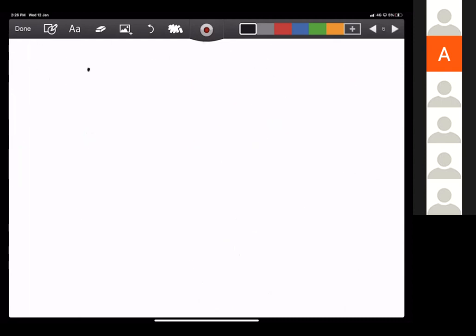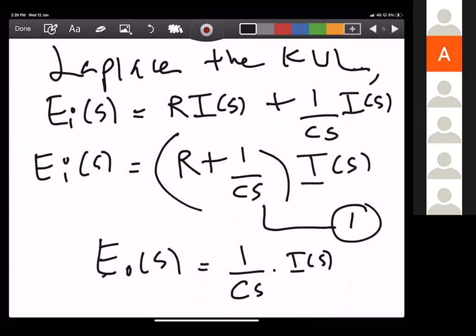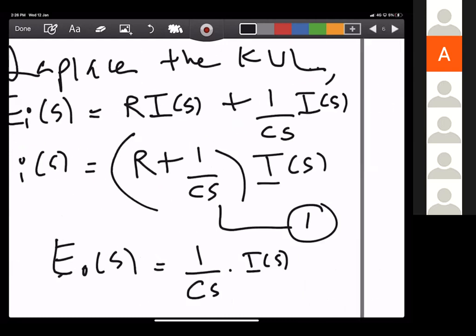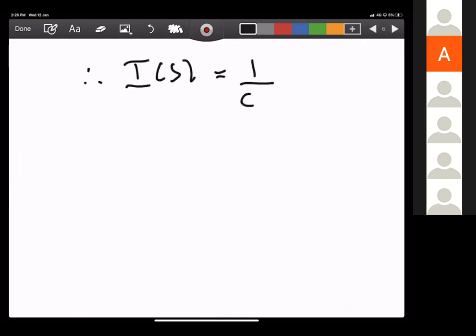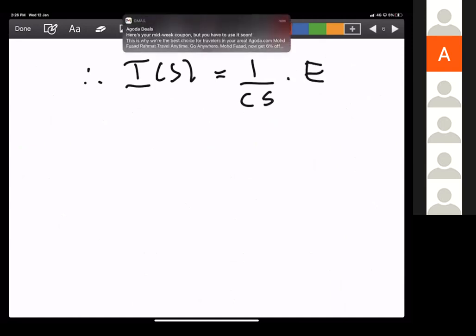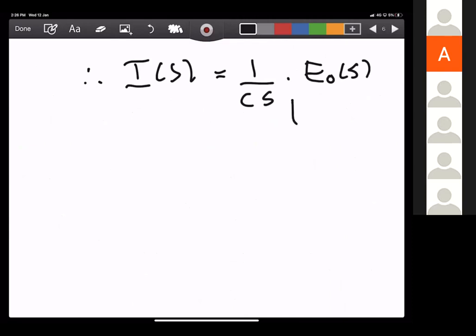So that's why IS becomes what? Right. Okay. Substitute.